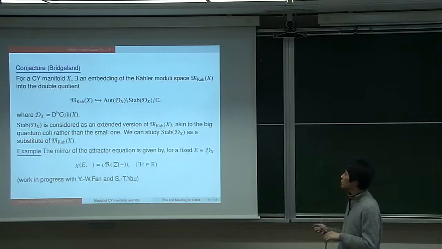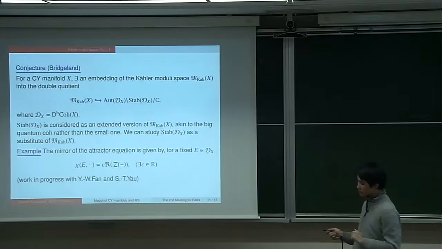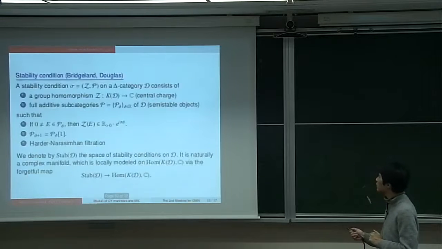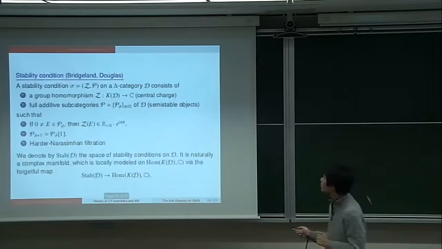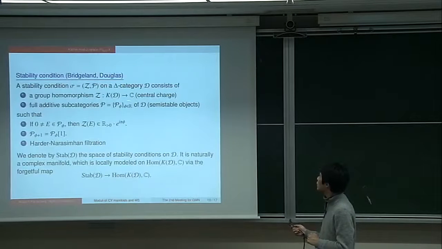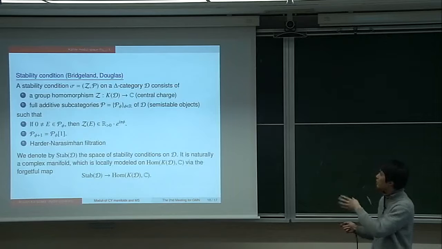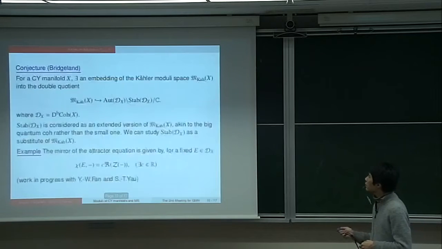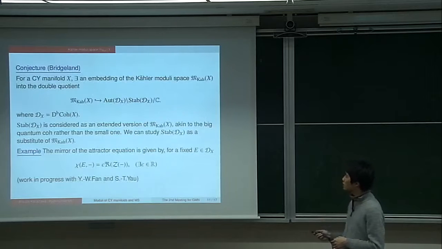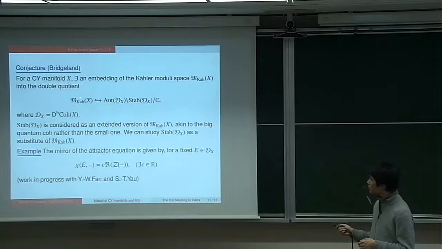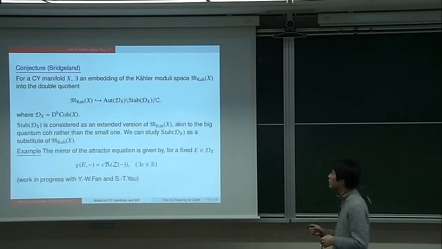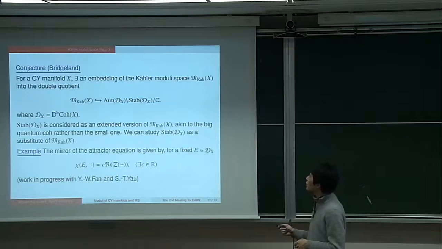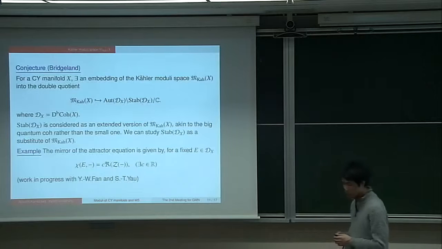And also you can rotate the central charge and these semi-stable objects, just to reparameterize these things. So you can take this quotient, and the conjecture is there exists an embedding of the Kähler moduli, where the triangulated category we consider is the derived category of coherent sheaves of X.